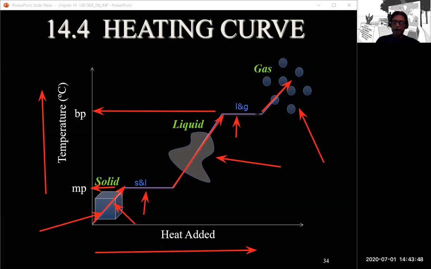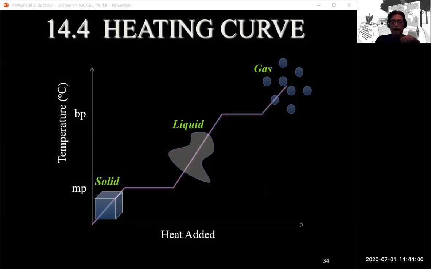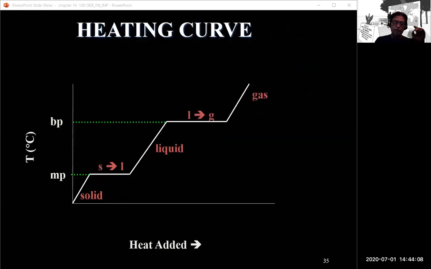Then you get a higher temperature. Okay. So this is what we call a heating curve, of what generally happens to molecules when we heat them, when they're in the solid and they transverse to the liquid and go on to the gas.